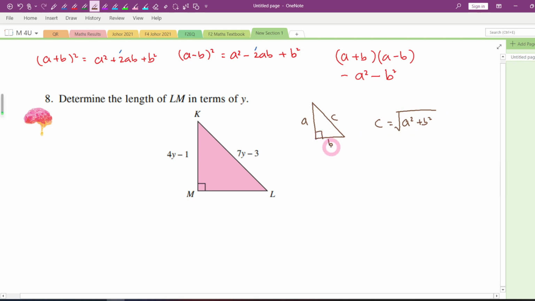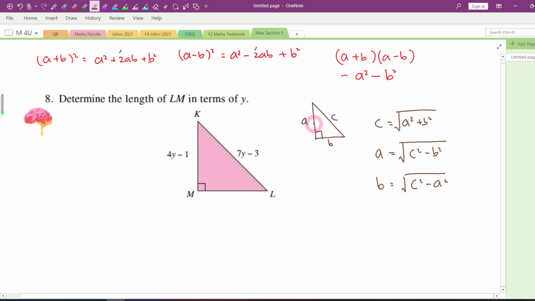So let's say if you want to find the length for the shorter side, which is A or B, let's say I want to find A, shorter side, minus: C square minus B square, square root. So let's say if I want to find B, shorter, minus: C square minus A square, square root.